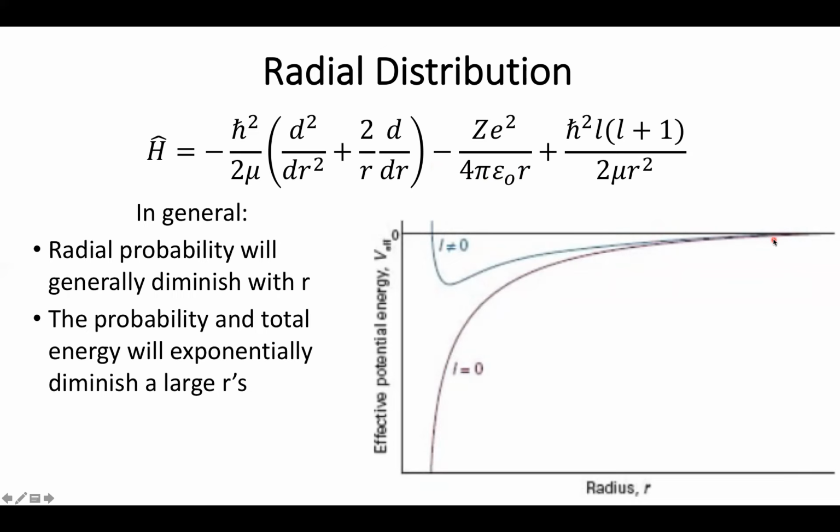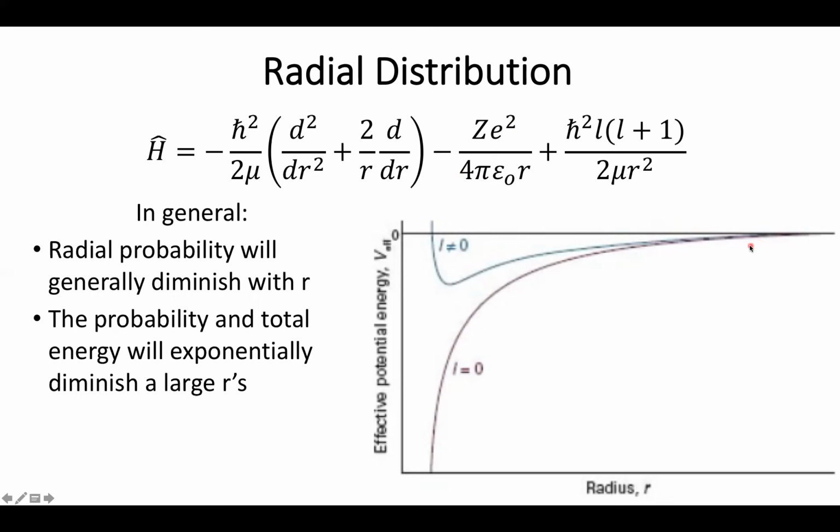And as a consequence, we're going to see the potential energy essentially die off and eventually level out to 0 as this term becomes less and less relevant. But consequently, so will the probability density. We'll tend to find a very low probability density out here as well.